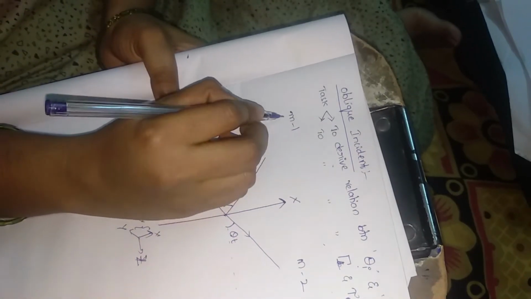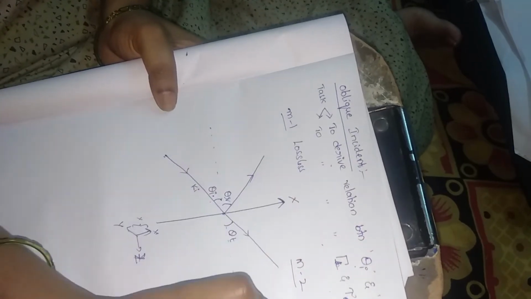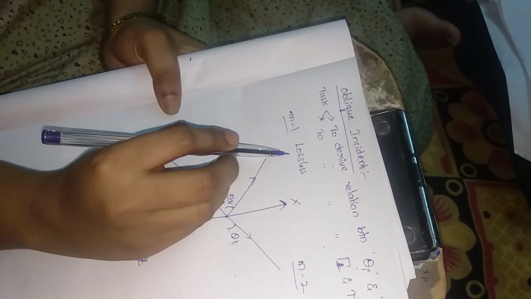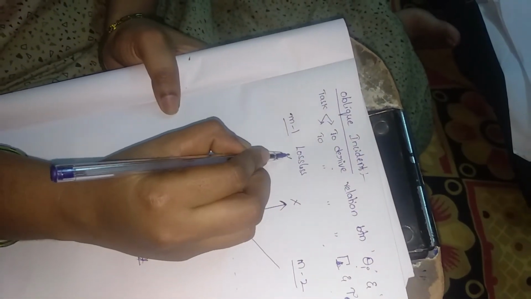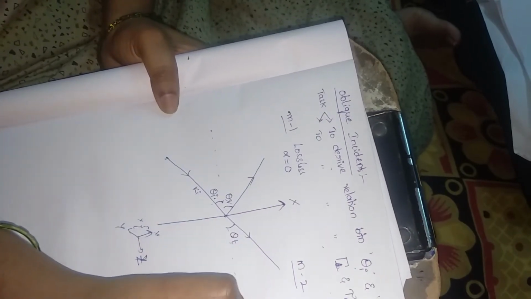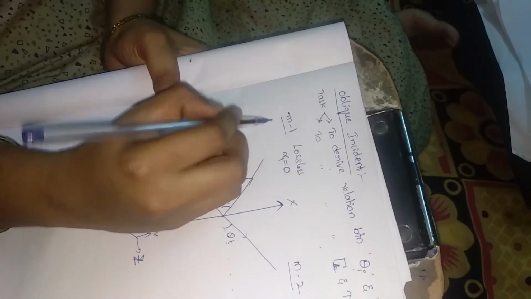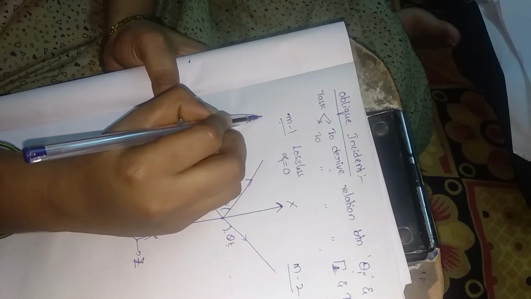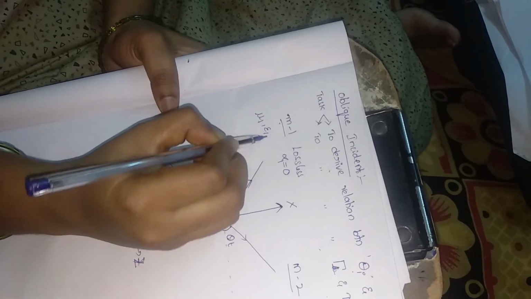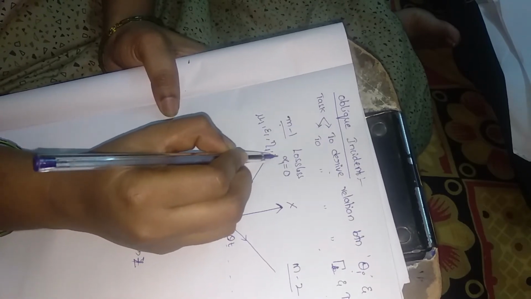Here I am taking two lossless mediums. For a lossless medium, the losses are 0, means the attenuation of the signal is 0. Here alpha 1 and alpha 2. And let us consider medium 1 will have its parameters mu 1, epsilon 1, eta 1 and gamma 1.